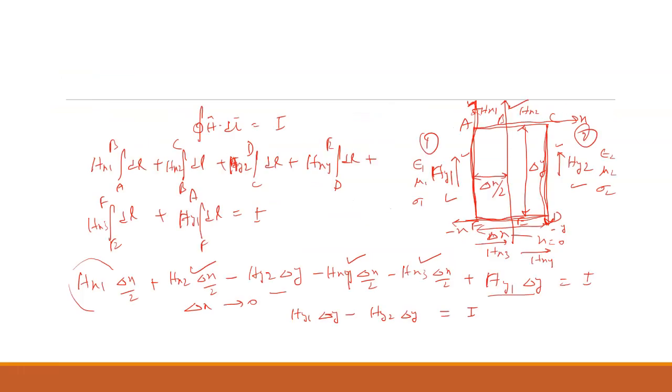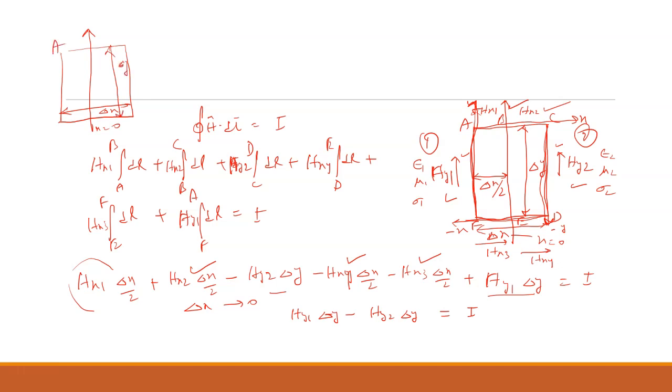Now to understand this, let us have a rectangular loop. I will redraw it here. This is the surface of discontinuity x equals 0, and this loop has width delta x and length delta y.